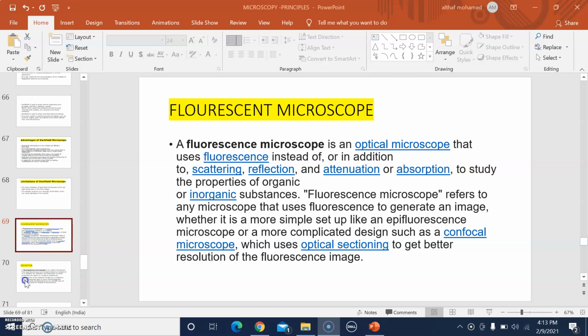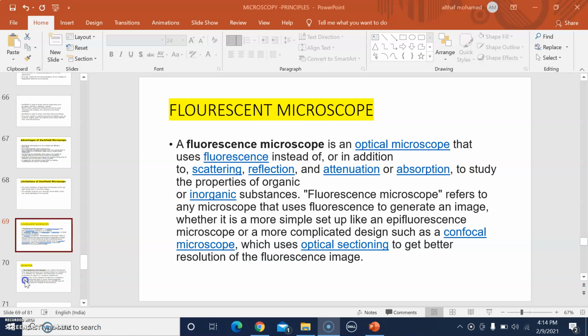So fluorescent microscopy mainly uses fluorescence instead of, or in addition to, scattering and reflection. The scattering and reflection we have discussed in dark field microscopy, and also attenuation or absorption, to study the property of organic or inorganic substances.